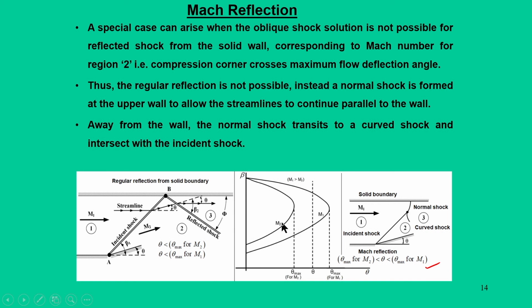So, there will be detached shocks, and here nature removes this problem by forming a strong shock, and here you can say it is a normal shock. And this normal shock, close to the solid boundary, appears as a normal shock and slowly becomes curved and meets the incident shock, and when it meets the incident shock it again reflects as a curved shock, and this flow phenomenon takes the shape of the symbol lambda.